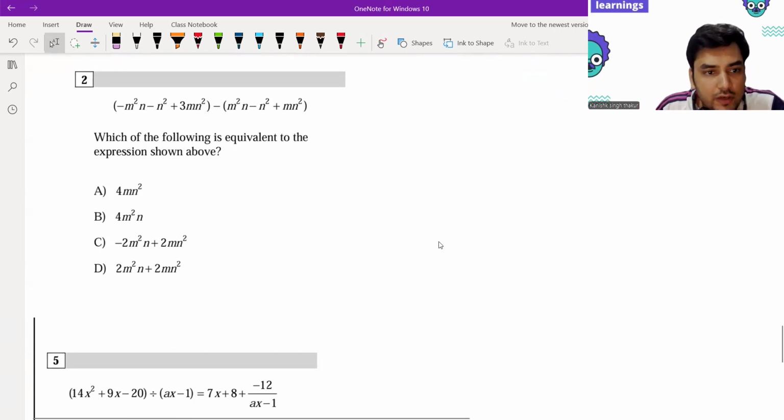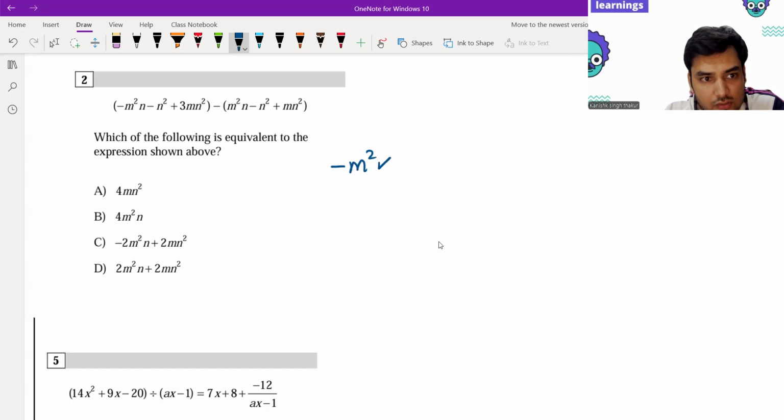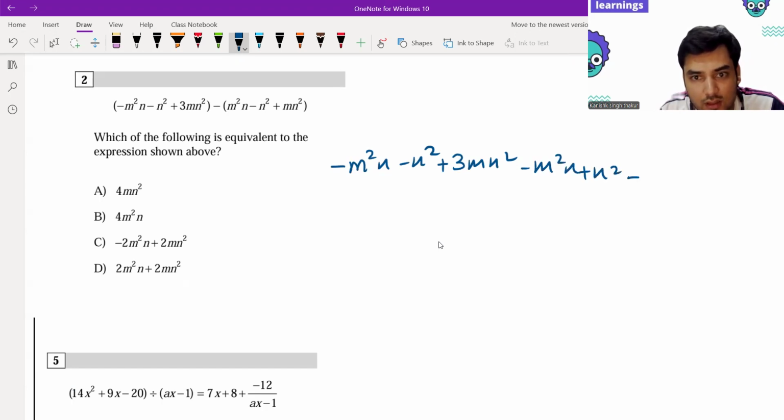Okay. Now, the equivalent of this fraction, I'm directly solving it. Equivalent is nothing, they are just asking for simplification, right? So minus m square n minus n square plus 3mn square minus m square n plus n square minus mn square, right?